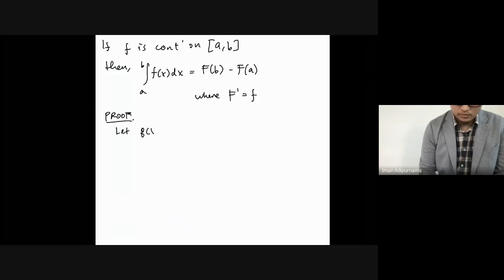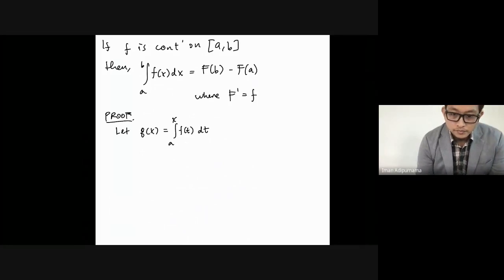Let us use G from the previous proof. We get G prime of x is f(x).